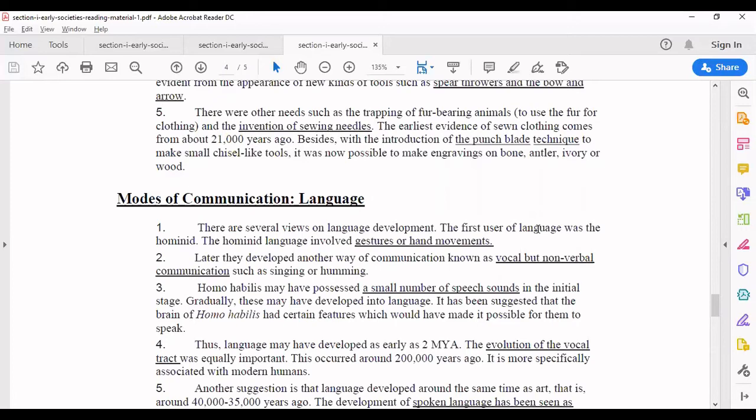And that's why we have also seen the invention of sewing needles. The earliest evidence of sewn clothes comes from about 21,000 years ago. So we also saw punch blade technique to make small chisel-like tools. And now they started engraving on the bone, antler, ivory, or wood.